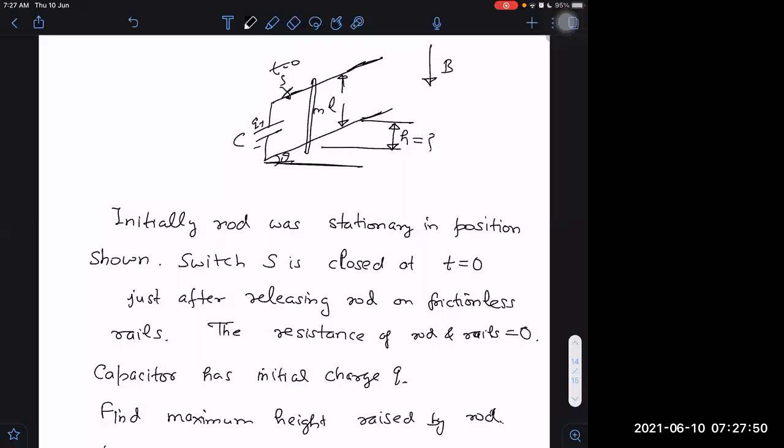I have forgotten to mention the rails are inclined at an angle theta. The angle of inclination is given in the diagram.